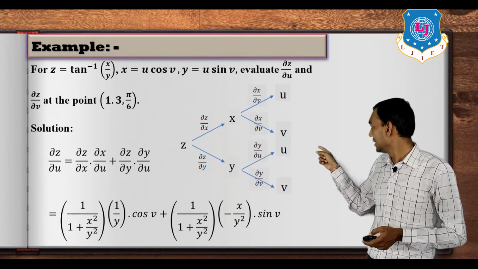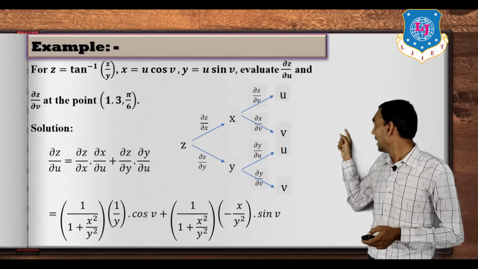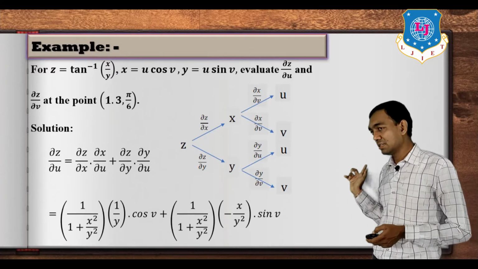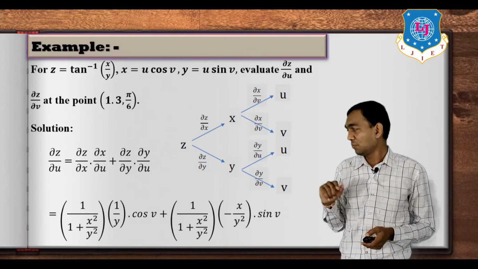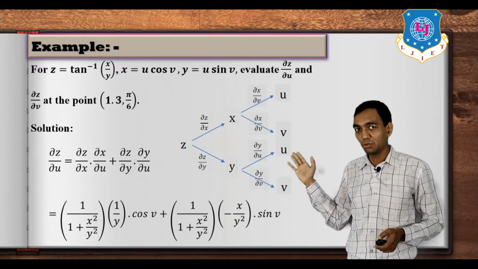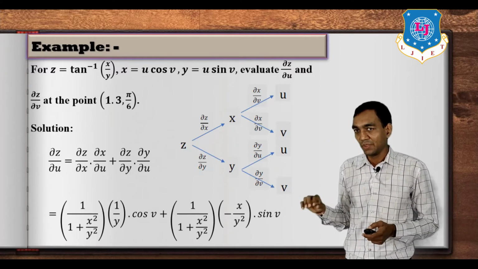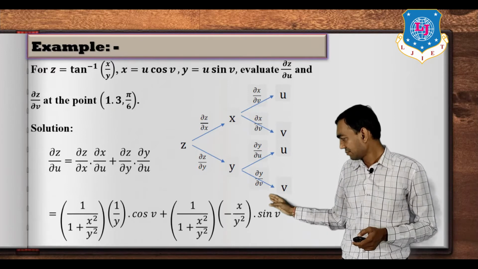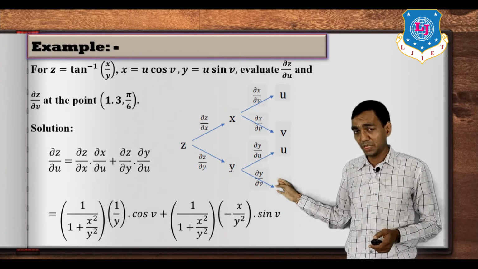Because see, z is a function of x and y, x is a function of u and v, y is another function of u and v. That means if you are going to apply the chain rule, then you have to take partial derivatives. Now del z by del x, derivative of z with respect to x.